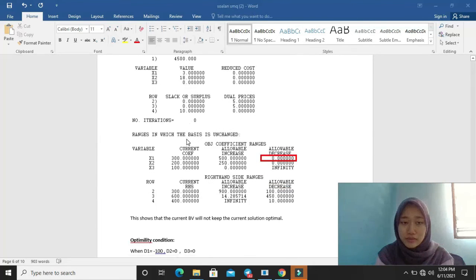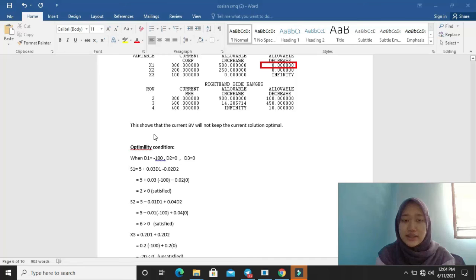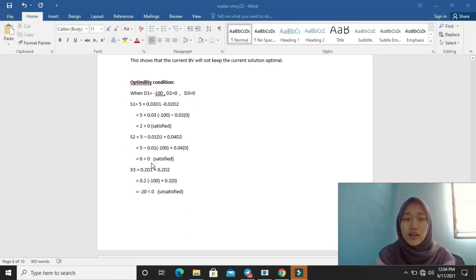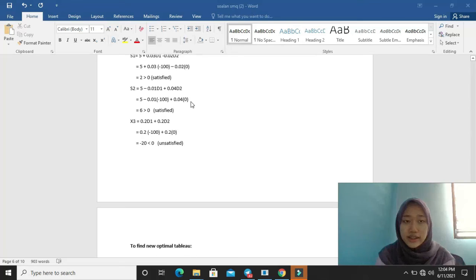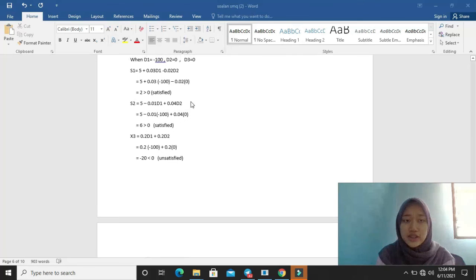So this shows that the current BV will not keep the current solution optimal. Alright, we also can check by using manual calculation to find the optimality condition. So we obtain D1 is equal to negative 100, D2 is equal to 0 and D3 is equal to 0. We just substitute the values of D1, D2 and D3 into the equation of all BVs here, S1, S2 and X3.